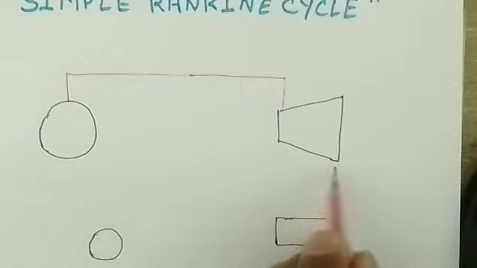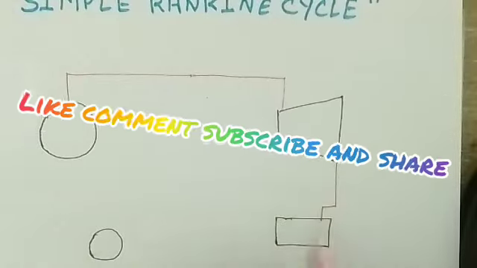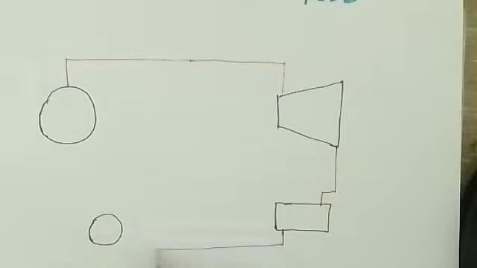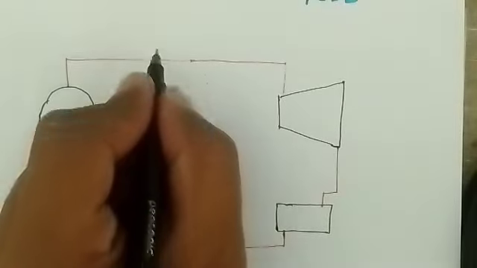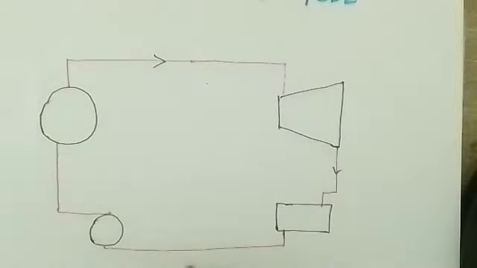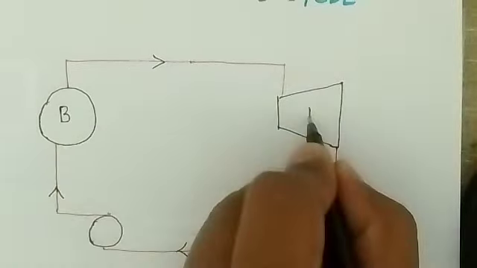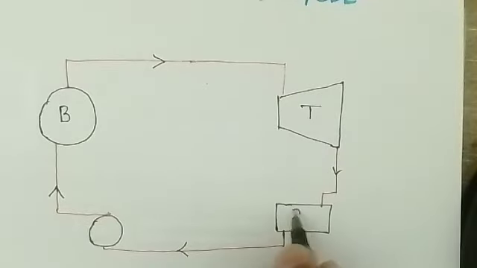So these are the directions of the fluid flow. Here I am writing in short: B is the boiler, T is the turbine, C is the condenser and P is the pump.